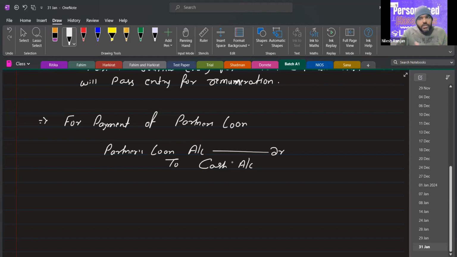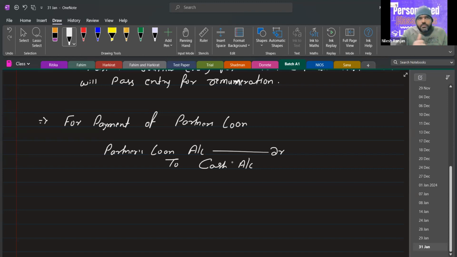So loss is written on the debit side. Sir, in the realization account? No, I'm saying that loss is written on the debit side, not of any particular account in the journal entry.